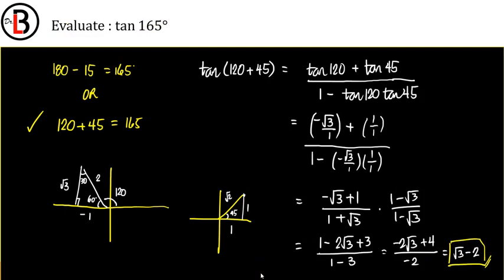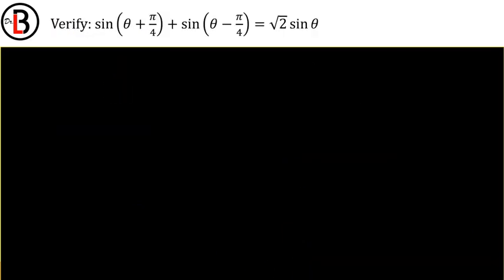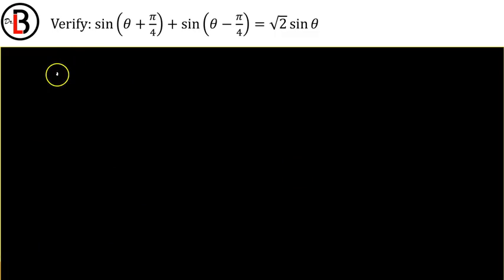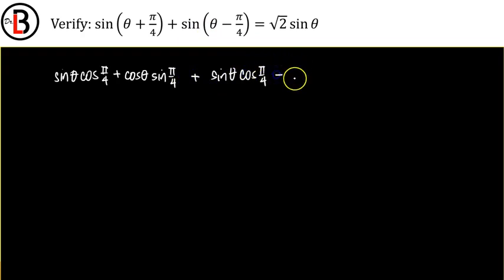So let's try another one. In here, the more complicated one is actually the one on the left. So let's just apply the sum and difference formulas. So I can say sine theta cos pi over 4 plus cosine theta sine of pi over 4, and then you're going to add that to sine theta cos pi over 4 minus cos theta sine of pi over 4.